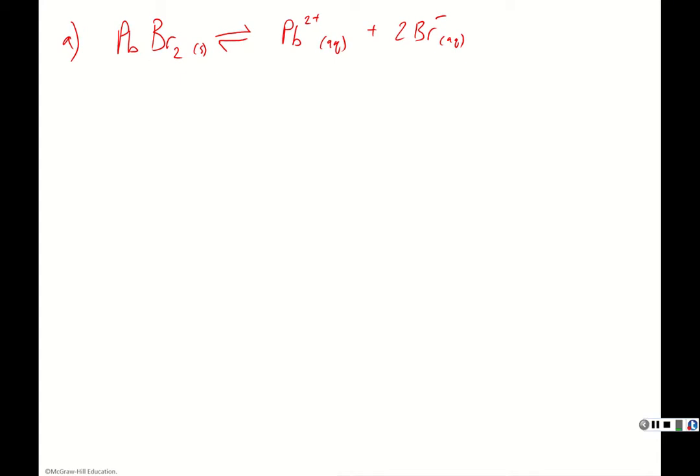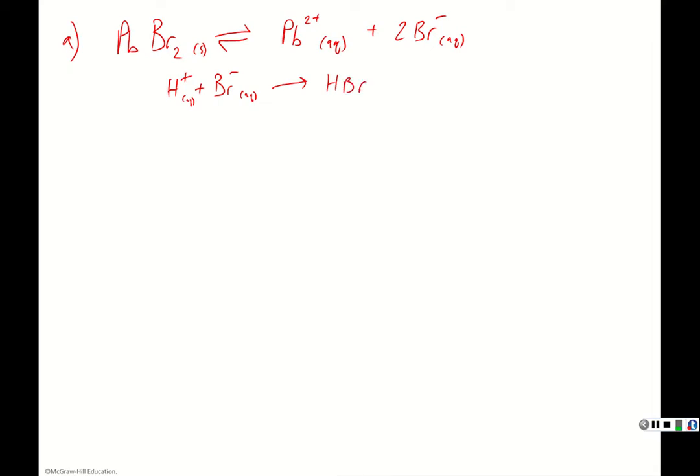So when we add a strong acid, you could say H3O plus, or I just like saying H plus, easier. We add that, again, it's aqueous. It's going to react with the anion, if it will react with anything, it'd be the anion. So that would make HBr.